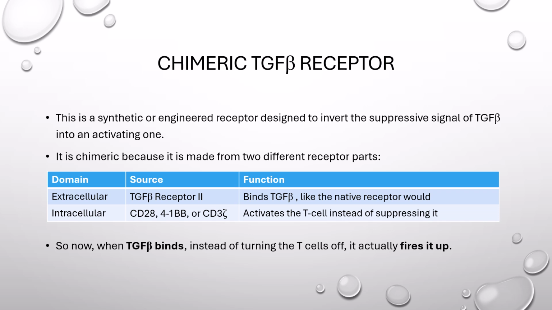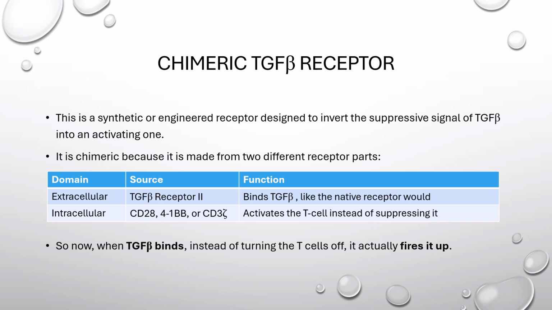So that's your second signal, and you need to have those two signals in order to get full activation. But what this chimeric TGF beta adds is, number one, it's only activated if you've got TGF beta present, and it then sends a separate signal, and that can be a signal 1 or signal 2 depending on how it's been designed.